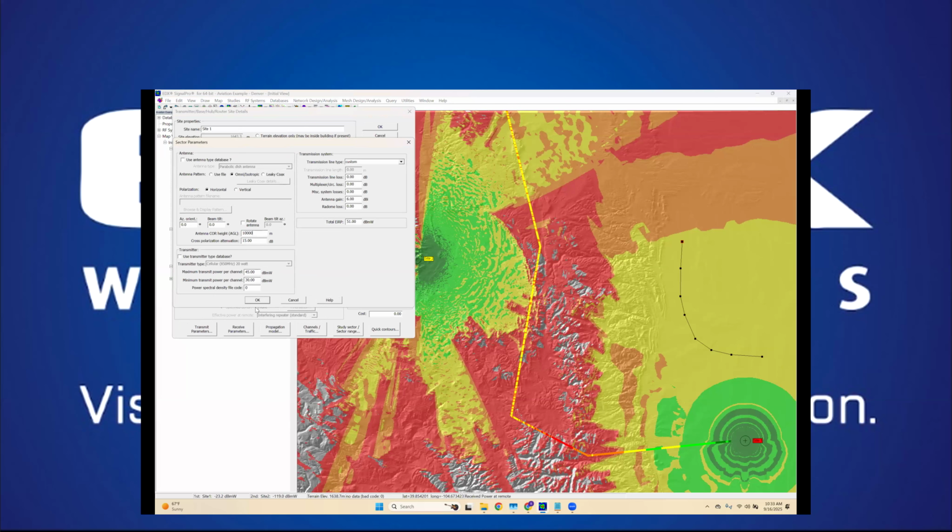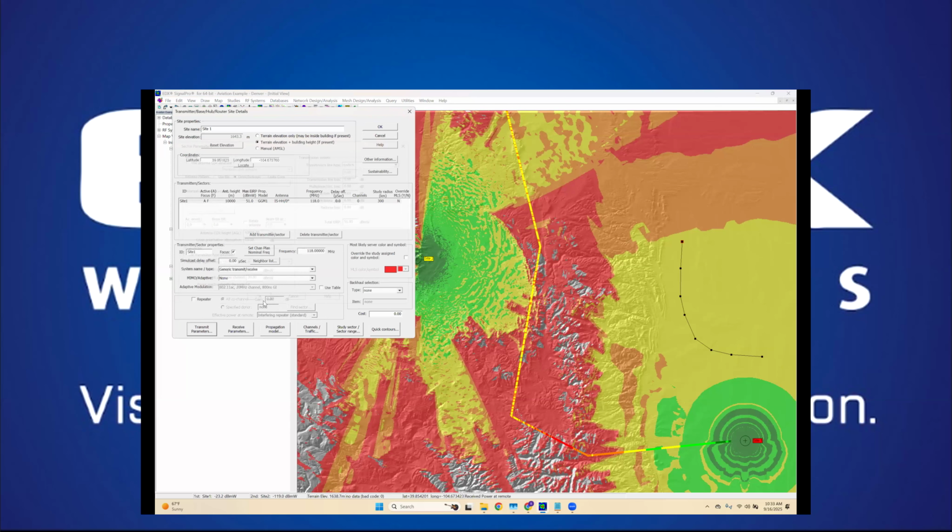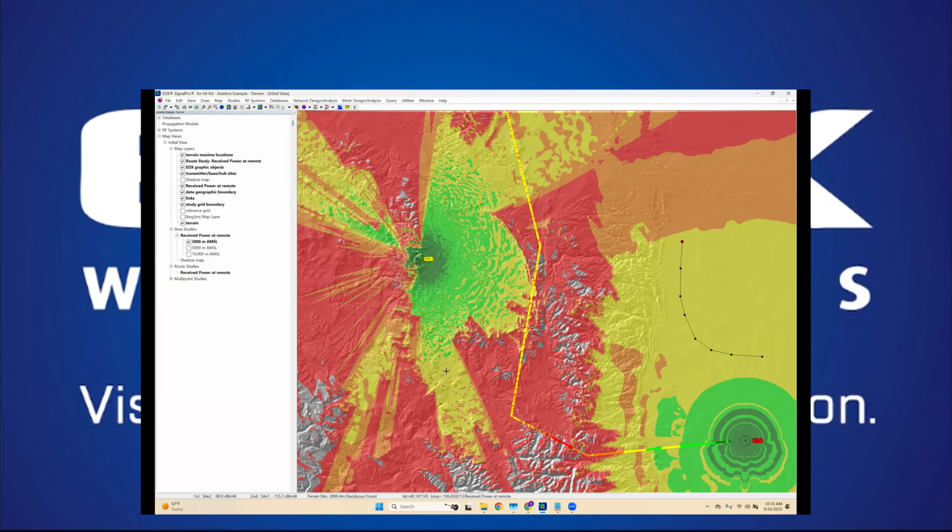We'll accept big numbers in here. There is a max, but you can put a big number in for your site elevation.